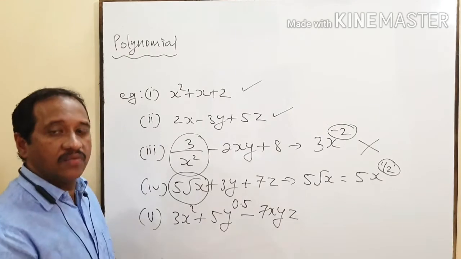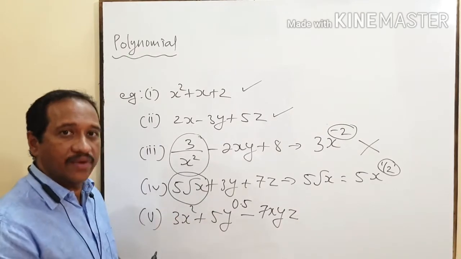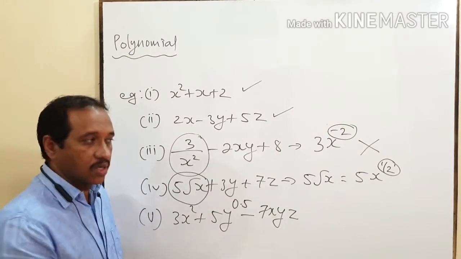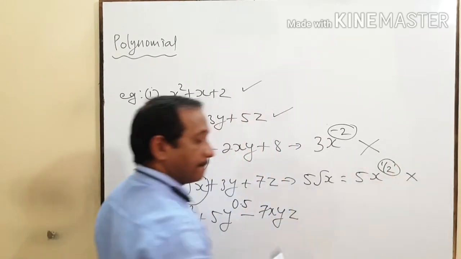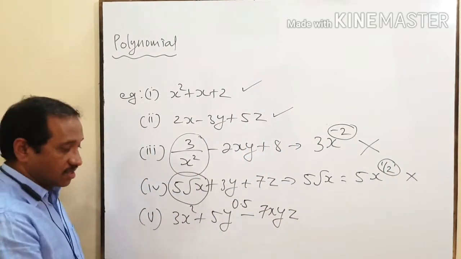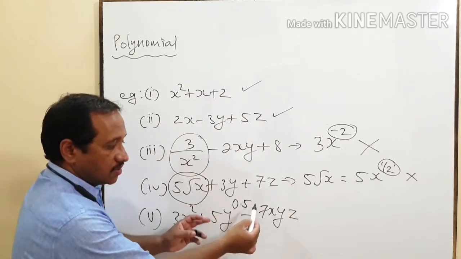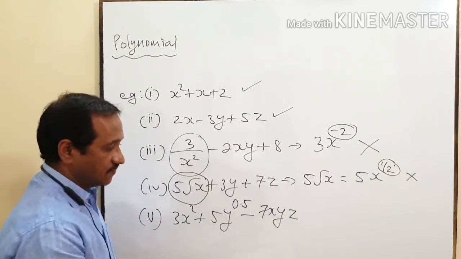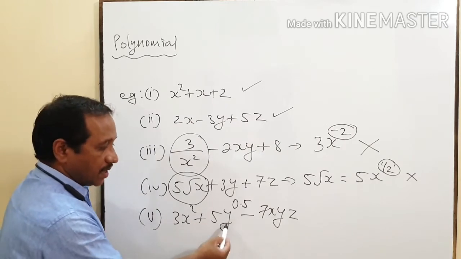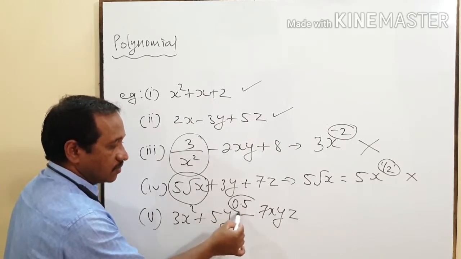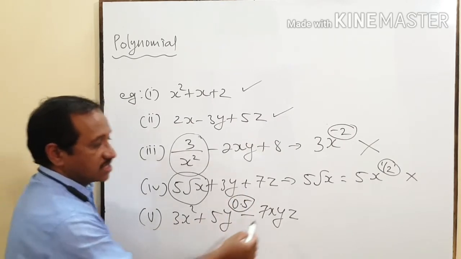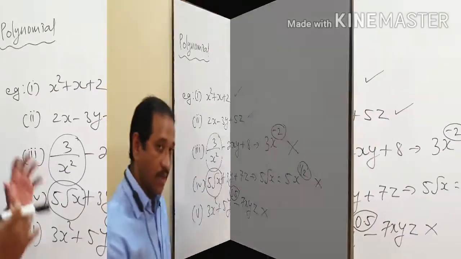A polynomial will never have a fractional power, so this is also not a polynomial. And look at the fifth expression, 3x square plus 5y raised to 0.5 minus 7xyz. Here very clearly the power of the variable y is a decimal number, so this is also not a polynomial.